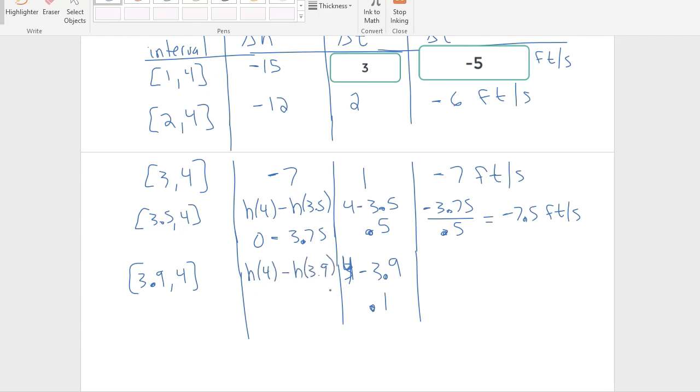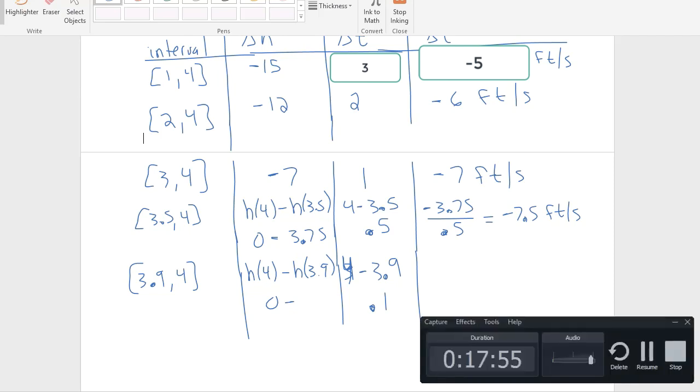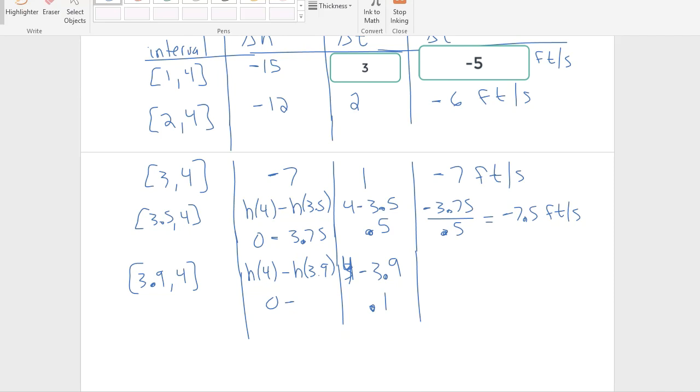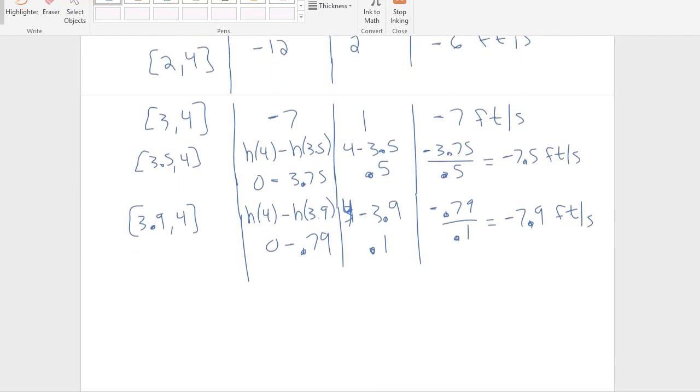Plugging this into a calculator, that's going to be 0 minus, I'm getting 0.79 here. So my slope of my secant line, my rise over run, I have negative 0.79. I'm going to divide by 0.1, and as a decimal that gives me negative 7.9 feet per second.